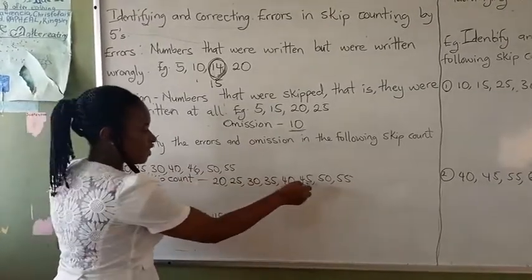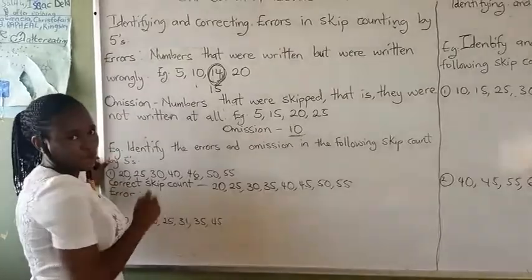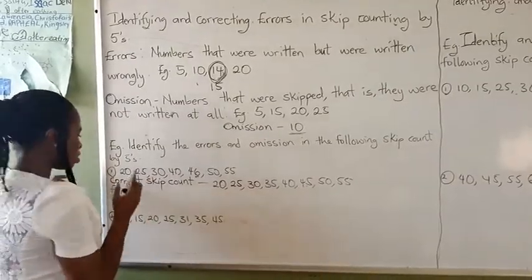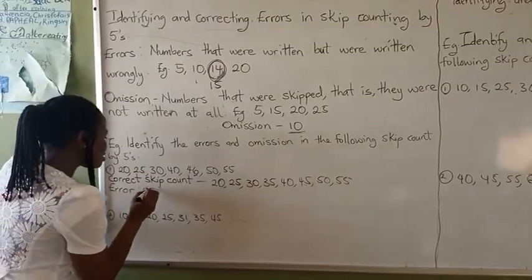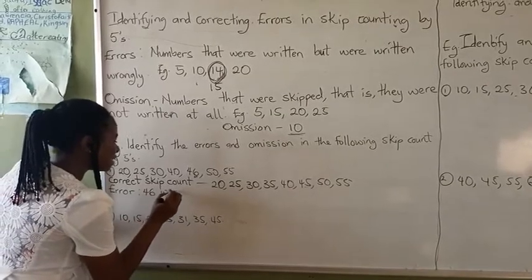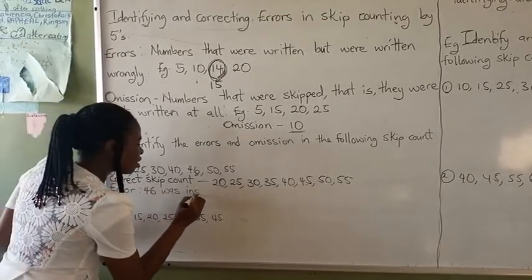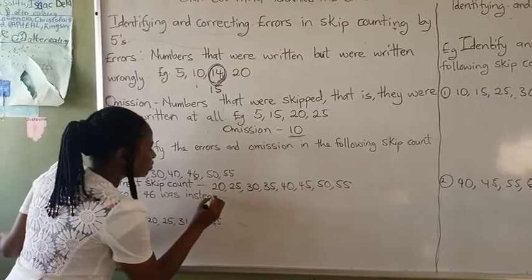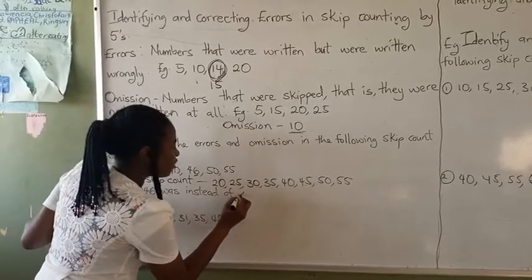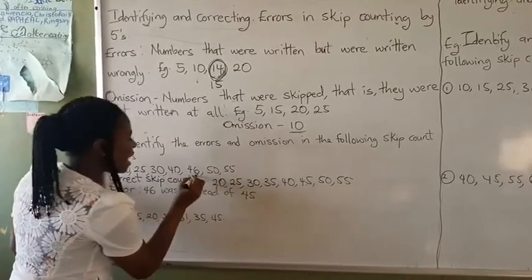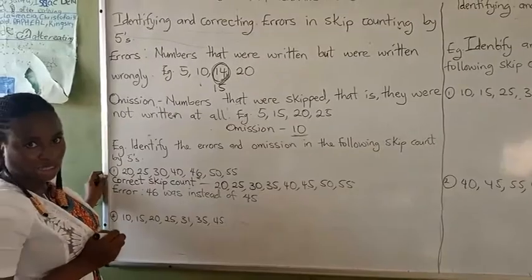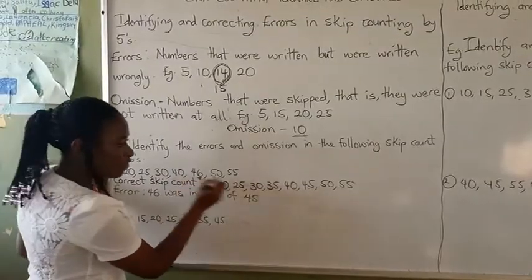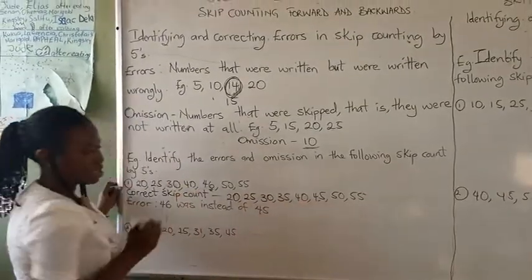Okay, 45 here was written as 46. So this is the error. 46 was written instead of 45. It has been written, but instead of 45, they wrote 46. So this is the error.